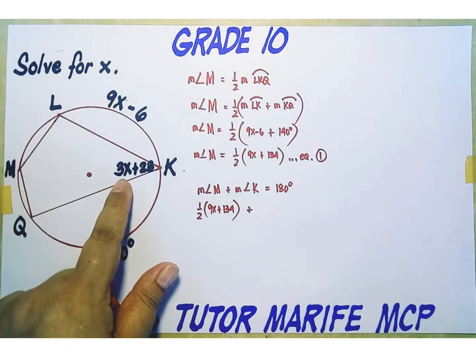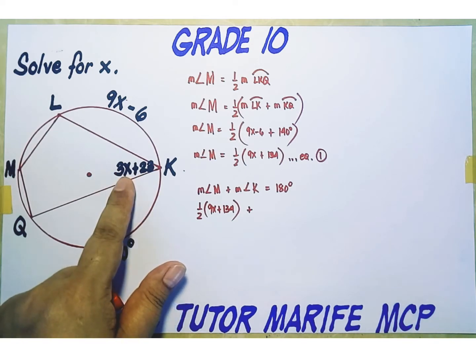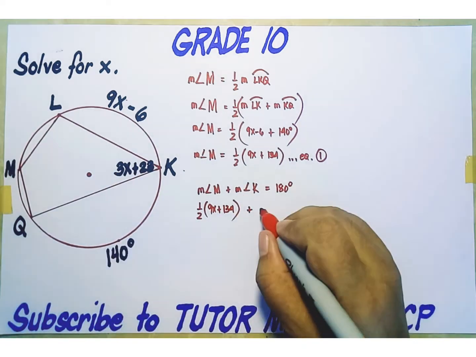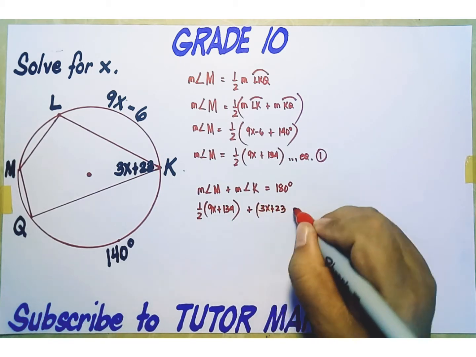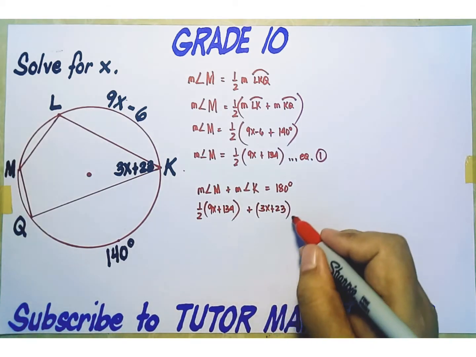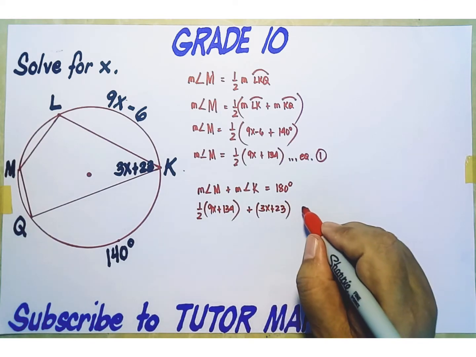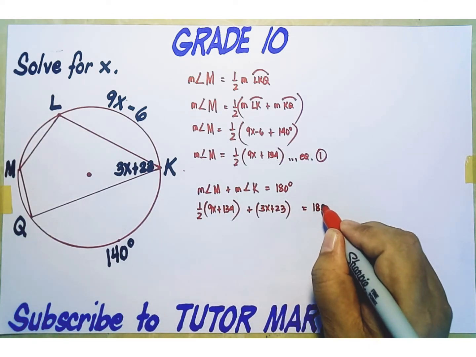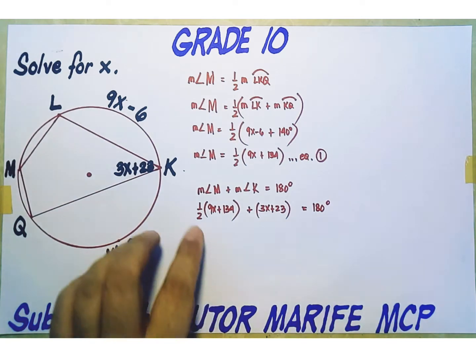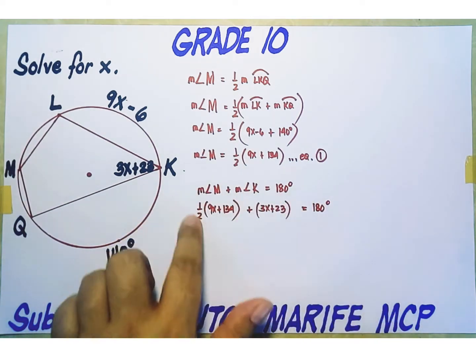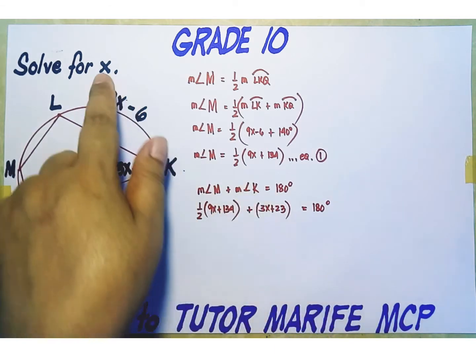It is represented by 3x plus 23. So we will replace this with 3x plus 23. The sum of the opposite angles is equal to 180 degrees. This is our working equation in solving for x.